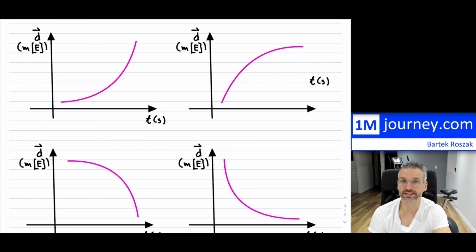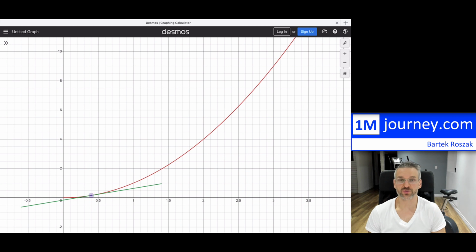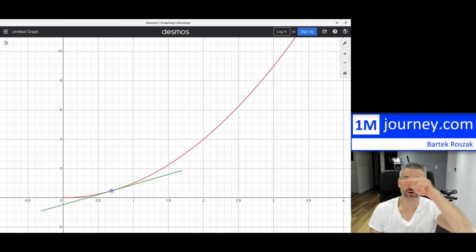Now, how can we tell this? Well, a very nice little trick is that from slopes, we know that the slope from a position time graph relates back to velocity. So here I've constructed a simulation for you, and you can see that I can take the slope and put it as a tangent to that curve.